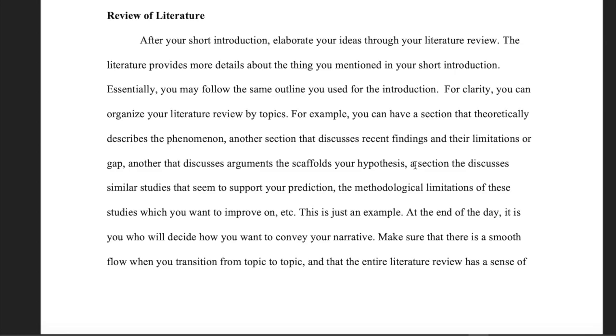This might require a presentation of complementing theory, after which you can present your hypothesis and synthesize your arguments for your hypothesis.